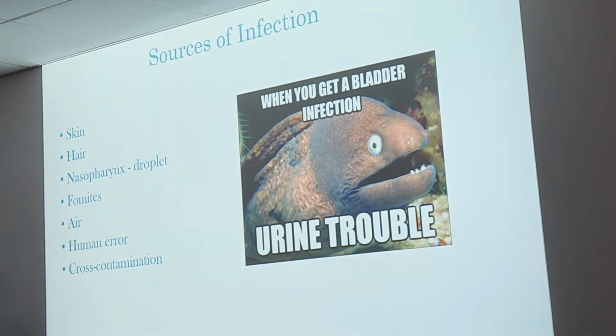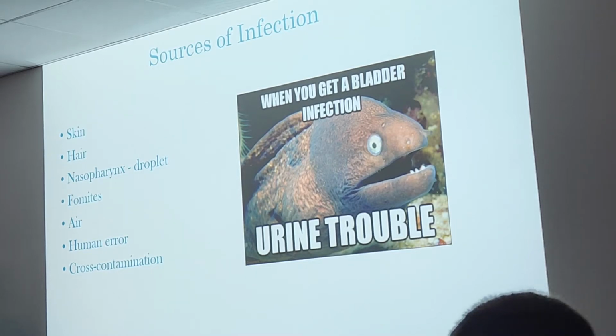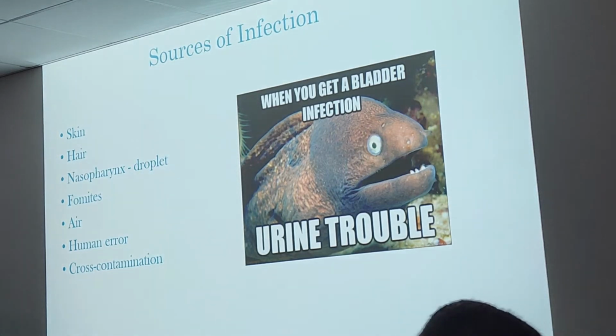All right, so sources of infection. There are sources of infections everywhere, especially in the healthcare setting. We can't see them with the naked eye, but they exist everywhere. Skin, hair, droplet, fomites. Y'all discussed fomites last semester, correct? Yes. So give me an example of one. Doorknob. Cell phone, doorknob, TV remote, everything can be a fomite.